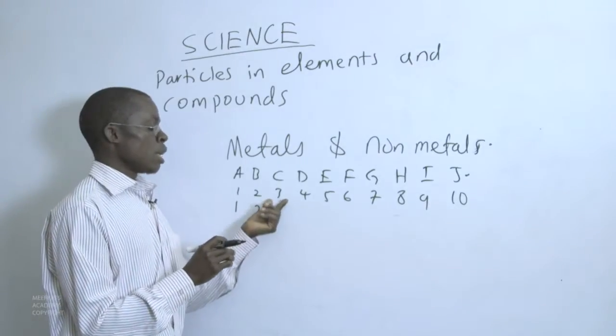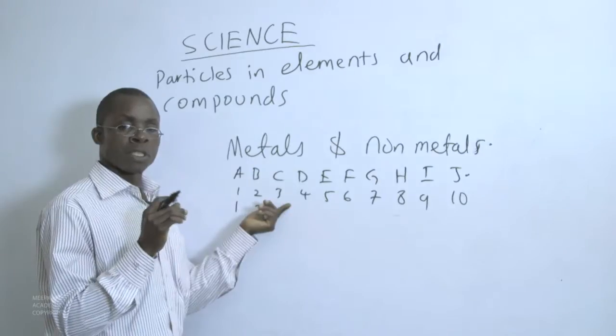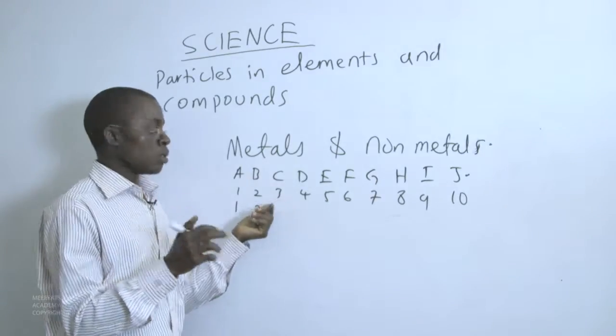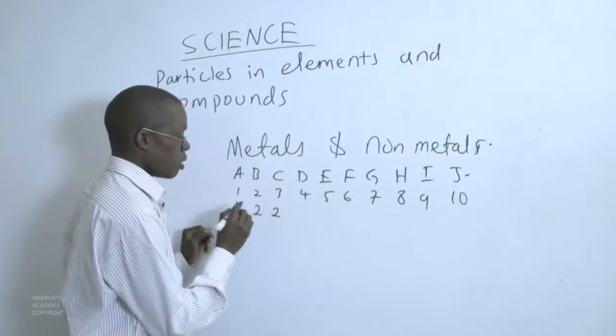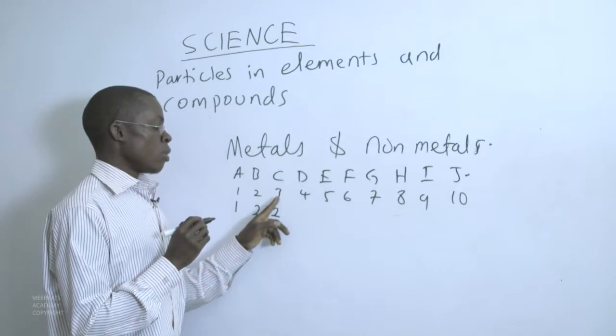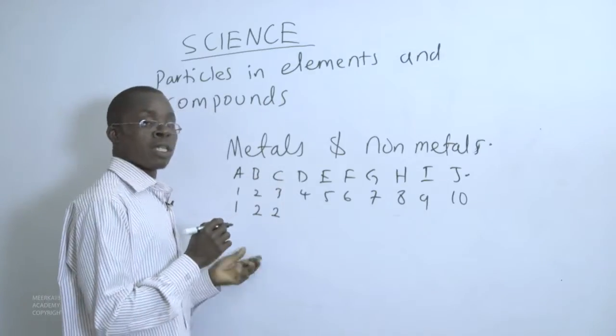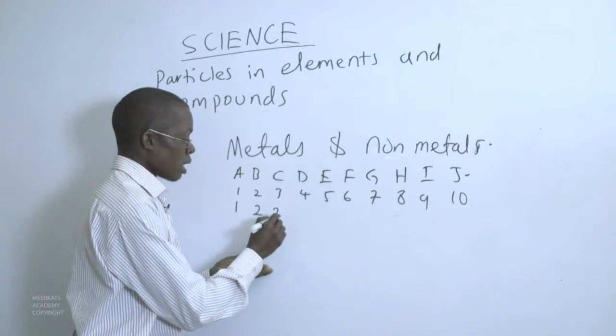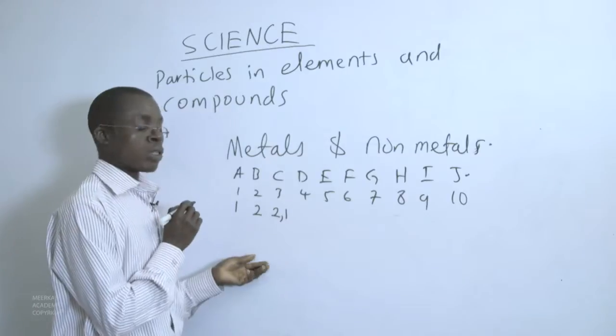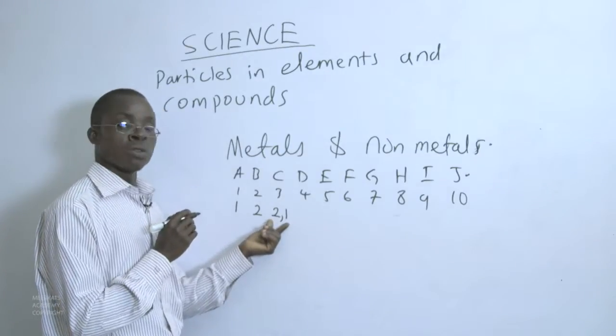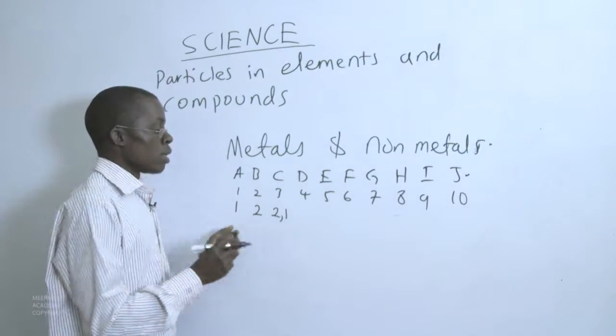The third one has 3. Maximum for the first energy level is 2. If we write 2, 1 is remaining. That 1 is the one we shall take to the next energy level. So it gives us an electronic configuration of 2, 1.